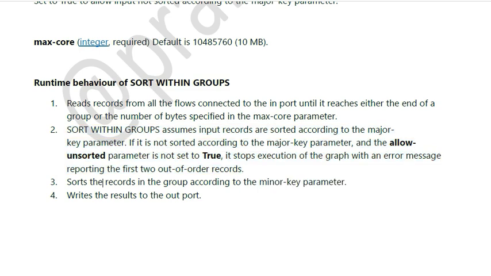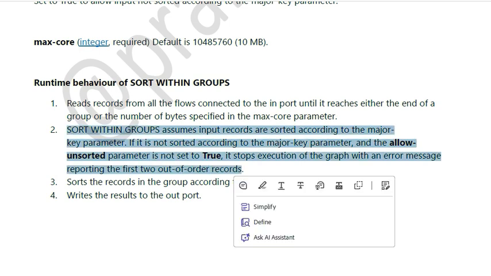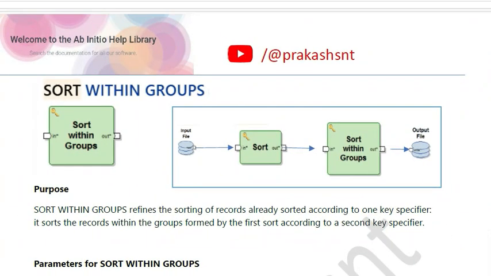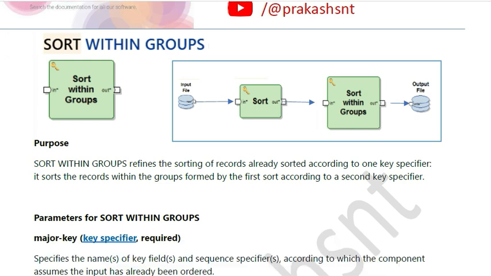Suppose this step is fine, then it comes to the third step: it reads the records from the temporary files created in your working directory, merges them, produces the order based on your minor key parameter, and writes the output. So this is how the sort within group component works overall.